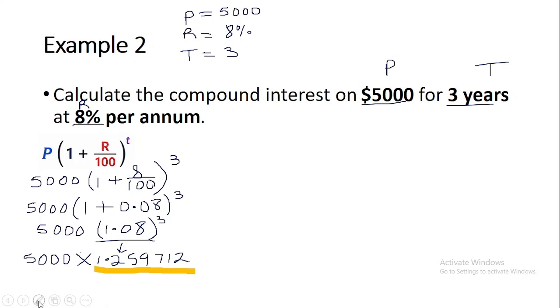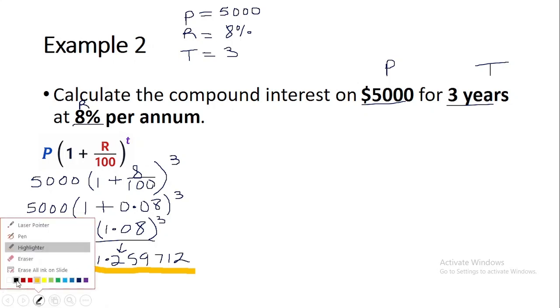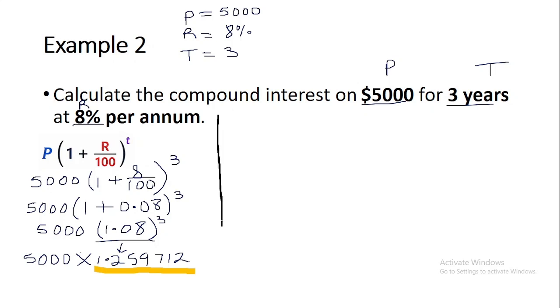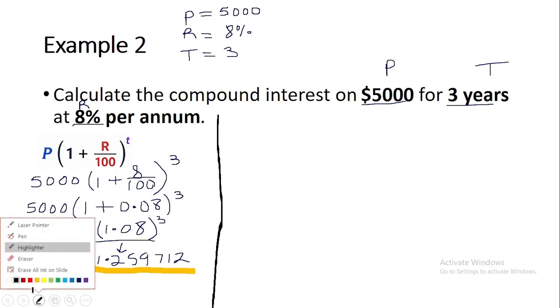And to find what is going to be our total amount, I'm going to separate the work space. So I'm going to continue over this side right here to find our total amount.